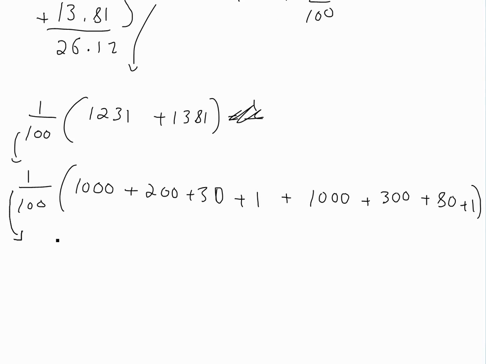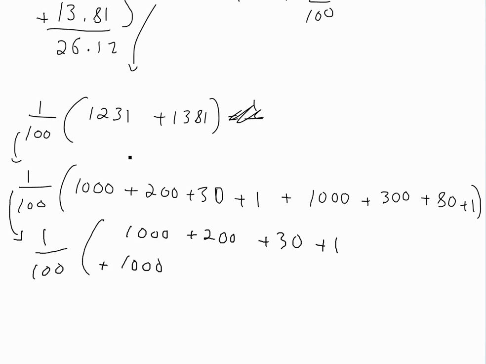Now we could just rewrite this like this, with a bracket. I'll write this on top: 1000 plus 200 plus 30 plus 1. We'll write the plus over here so you can see it looks just like the quick method we have there, so plus 1000 plus 300 plus 80 plus 1.